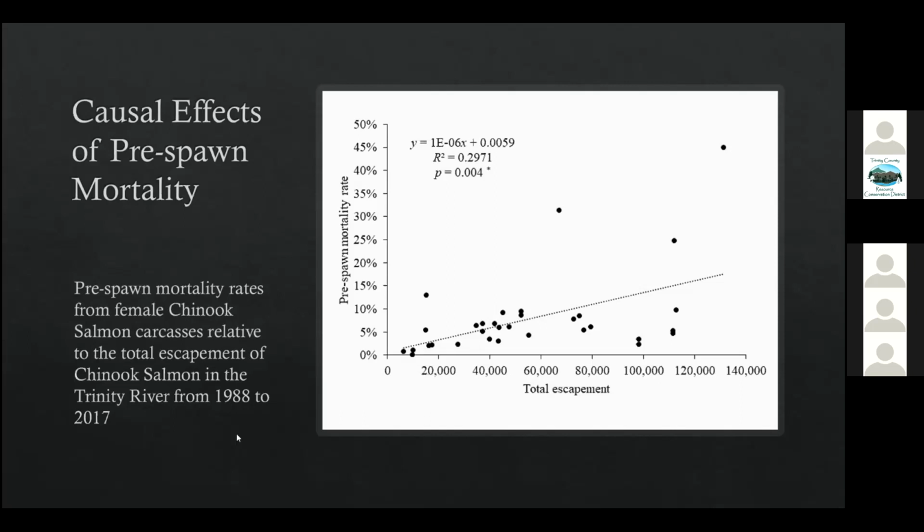A generalized linear model was developed using escapement as the explanatory variable and pre-spawn mortality as the response variable. And our findings agreed with Aguilar that the years with higher escapement generally also had higher rates of pre-spawn mortality.